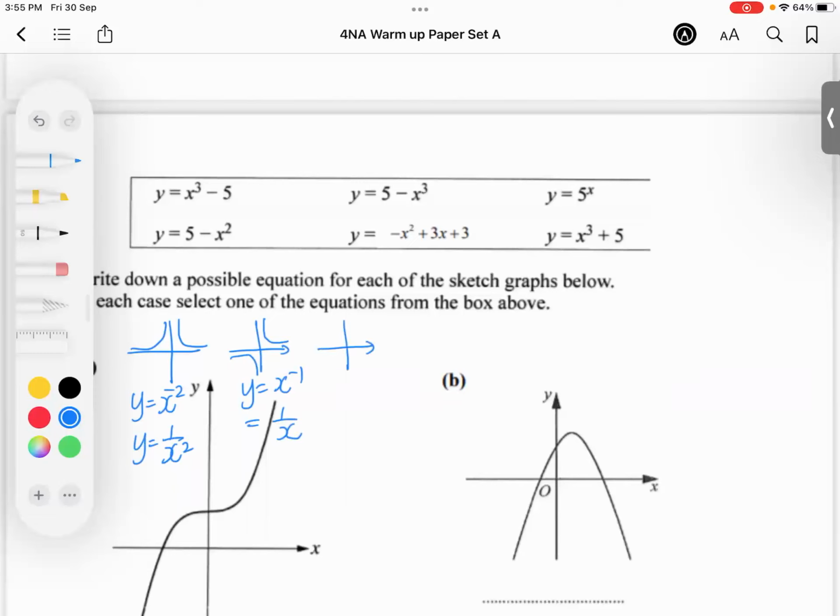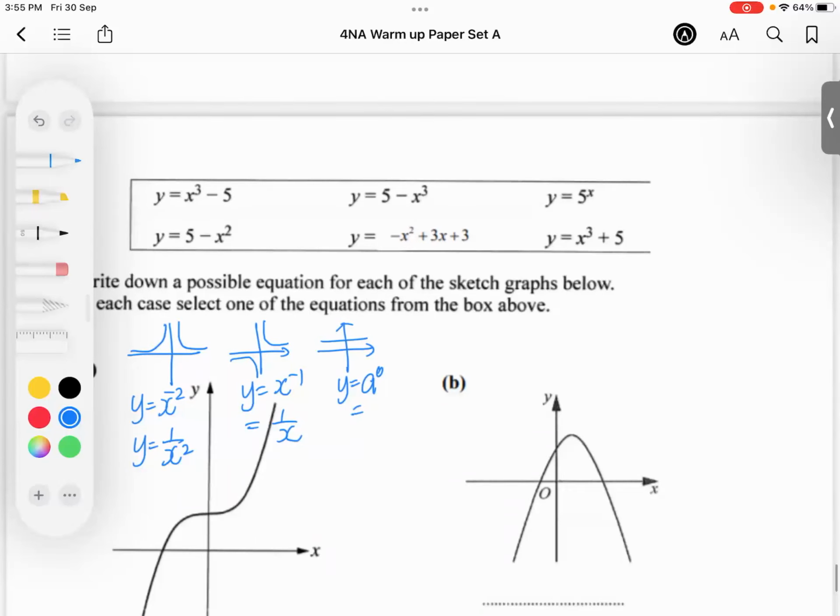Next one, this is a straight line, y equals a to the power of 0, which is a constant, y equals 1, something like that, just a number. Next one, y equals ax, a times x.